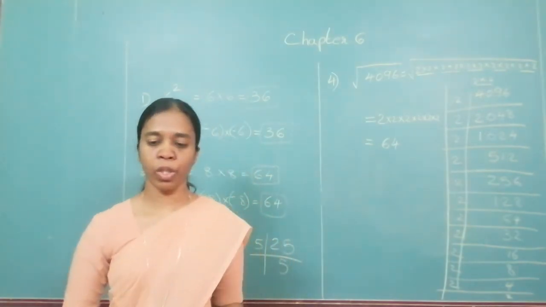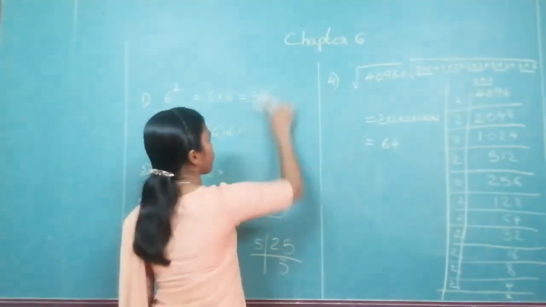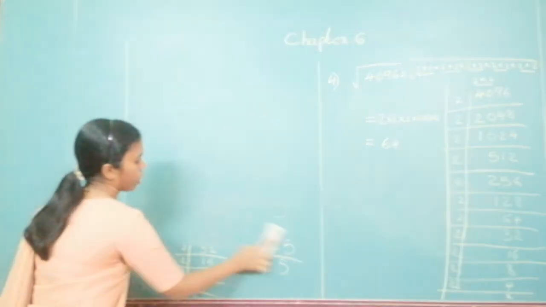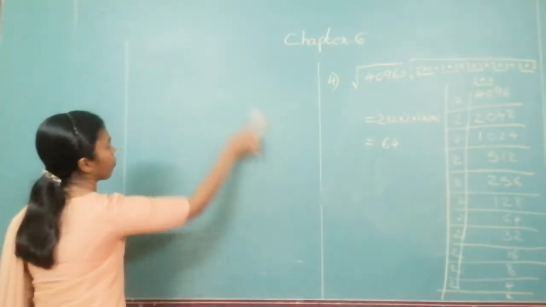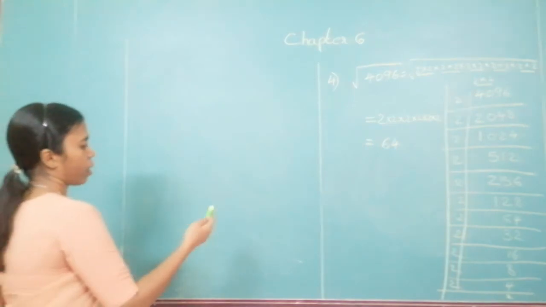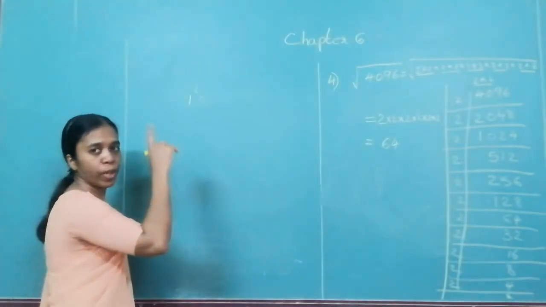I want you to solve it. And also, I want you to learn the squares by heart up to 30. How do you write it? See, 1 squared is equal to 1 into 1.